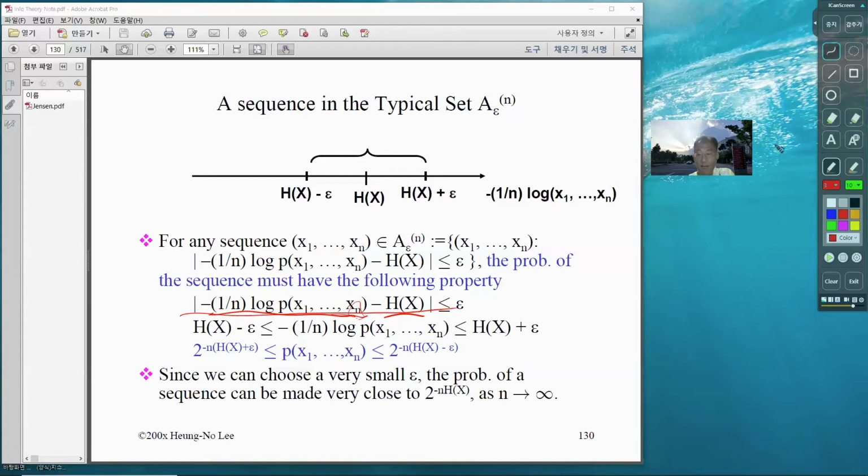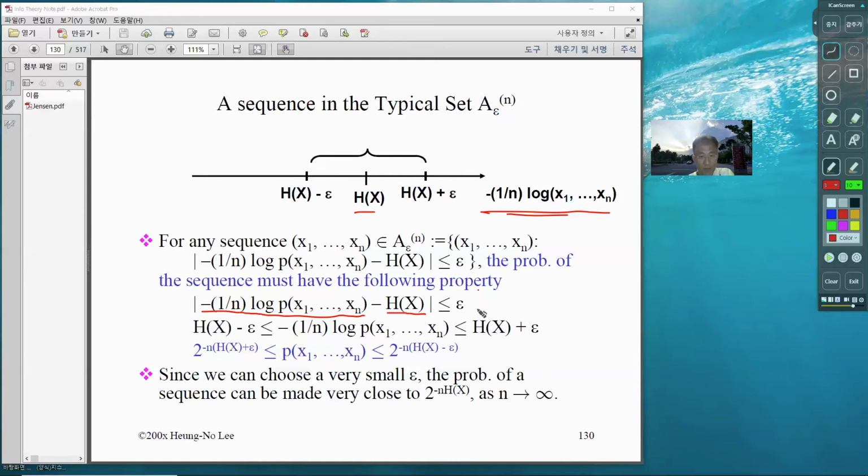But if I write this in a different manner, this one here is the sample entropy, and that is the true entropy. If I write this right here, the sample entropy deviates from the true entropy by plus or minus epsilon at most. Okay, plus or minus epsilon.